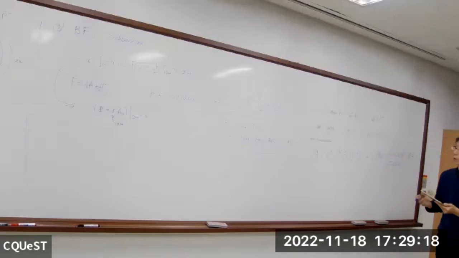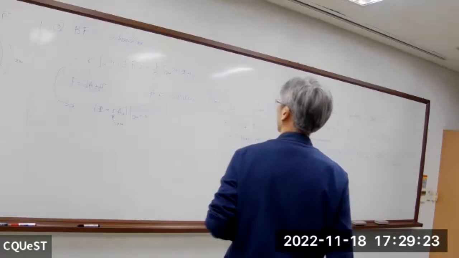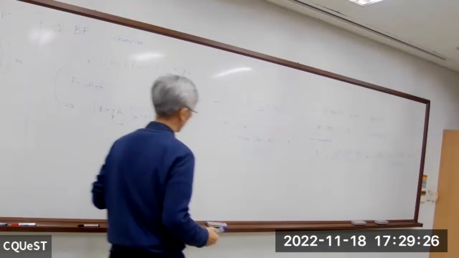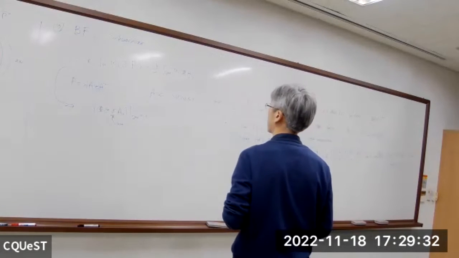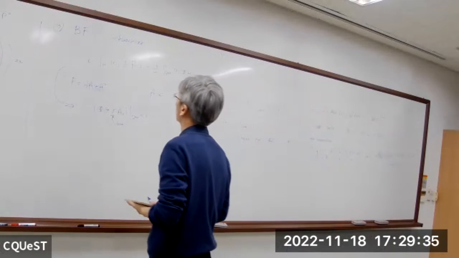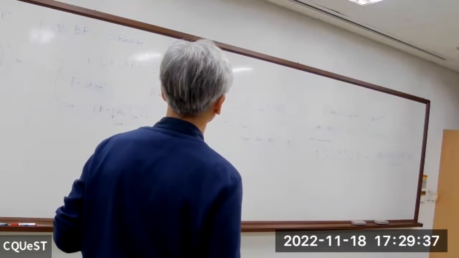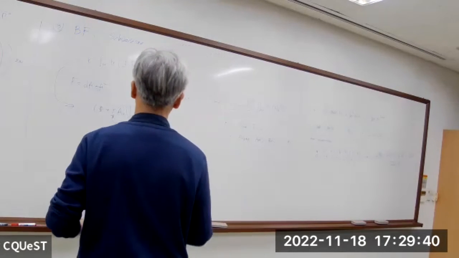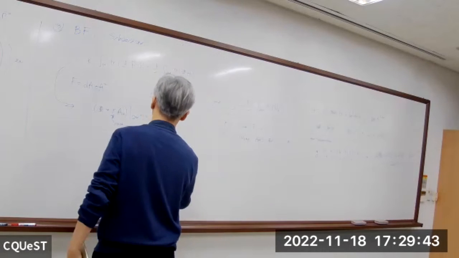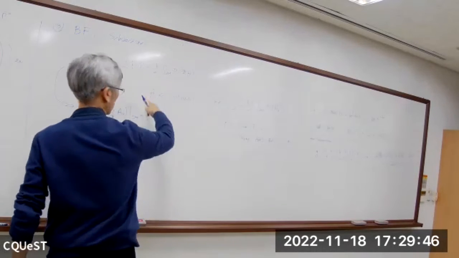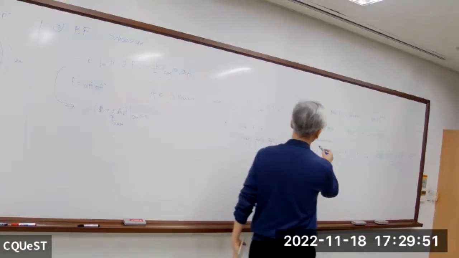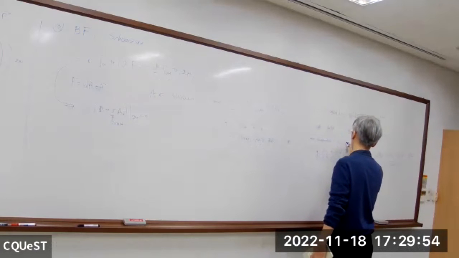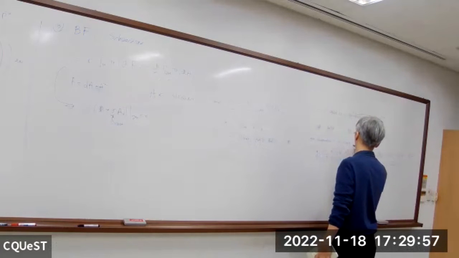Excuse me, what is the temperature here? Yes. So these are the local conditions, and on the boundary, beta is essentially the length of the AdS boundary.